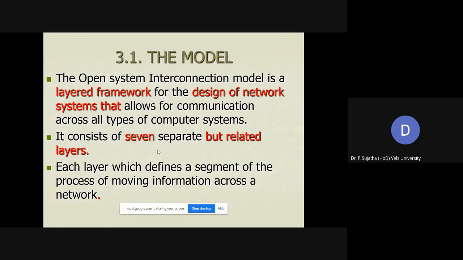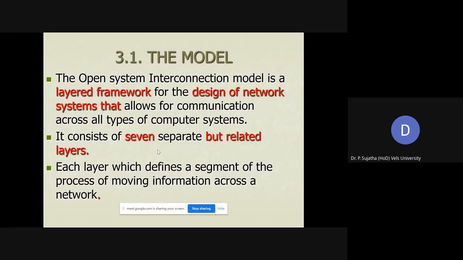So let us discuss the OSI model now. The open system interconnection model follows the layered framework. So what is a layered framework? It follows certain layers, that is certain steps, to complete the task. I have given you one real-time example of posting a letter to your friend.